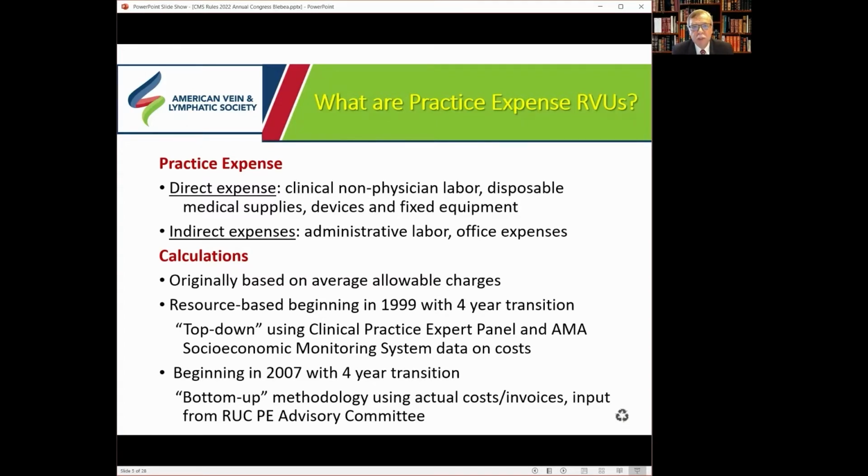In 2007, this was updated again with another 4-year transition using a bottom-up methodology, meaning they started looking at actual costs, invoices, and advice from the RUC Practice Expense Advisory Committee.